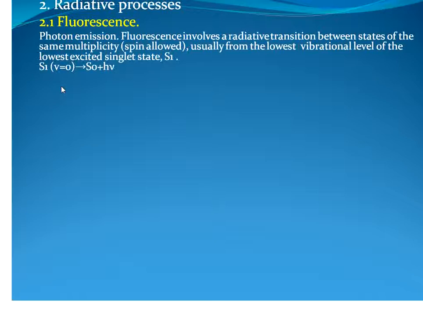This radiation is indicated as hν. We covered in a previous discussion that h is Planck's constant. hν means the kind of radiation being given off.